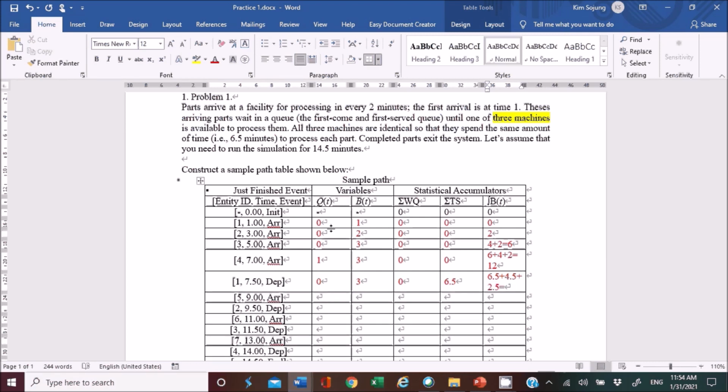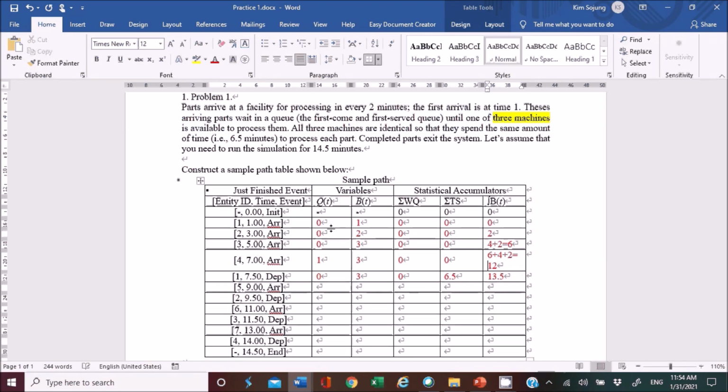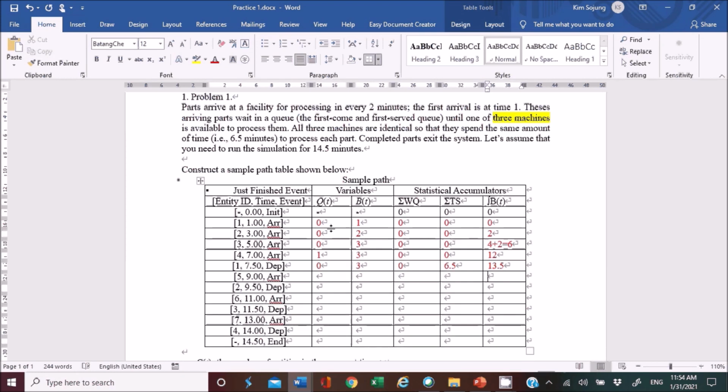So if you add all the numbers, you will get 13.5 minutes. So let me just remove these equations. Okay, so 13.5, right? So now you have new values.